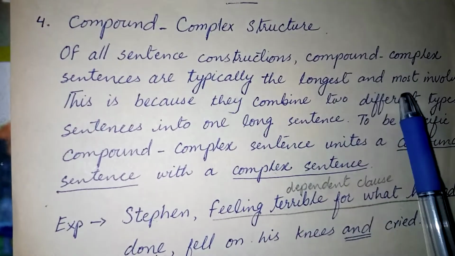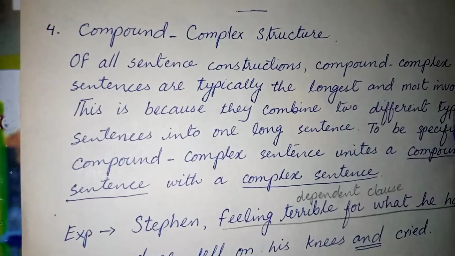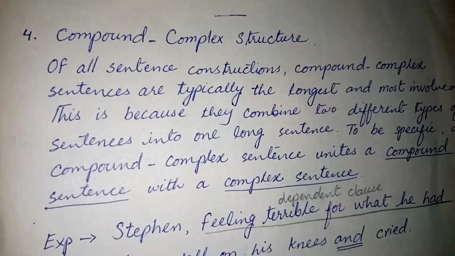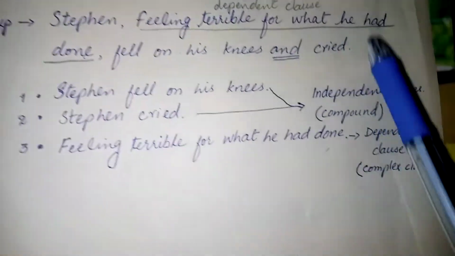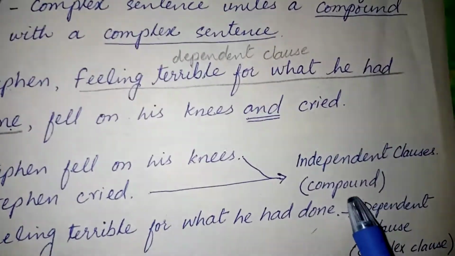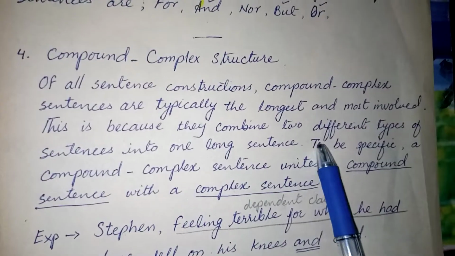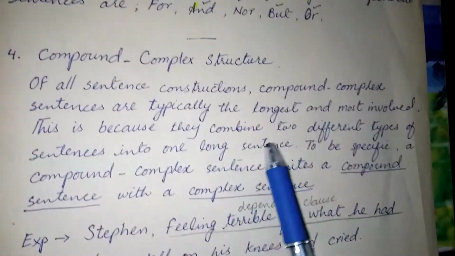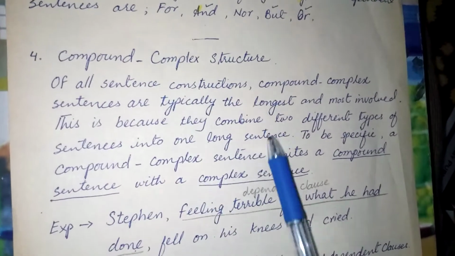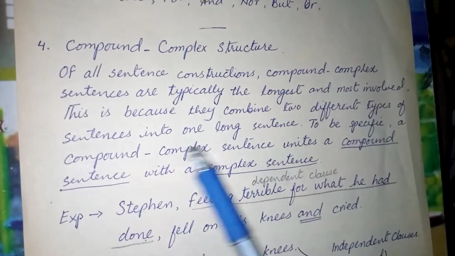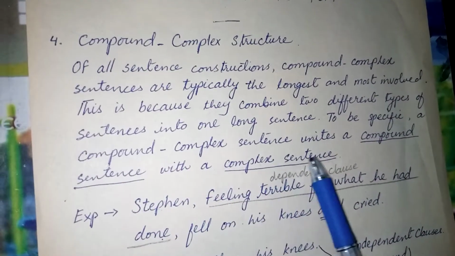When I say two different types, I mean that one type is the compound type and the other is the complex type, and it combines the compound and the complex types together. So compound and complex types are combined in a compound complex structure. To be specific, a compound complex sentence unites a compound sentence with a complex sentence.